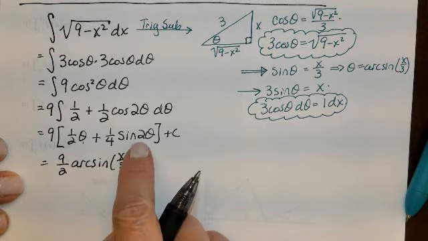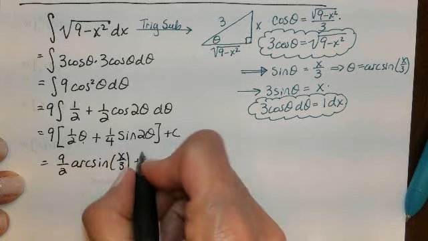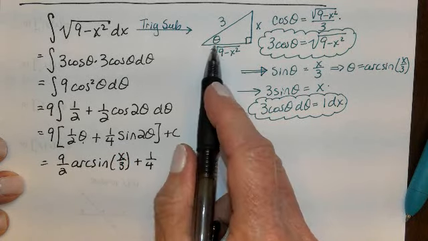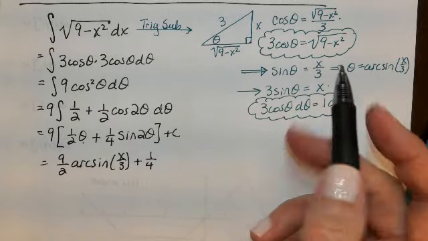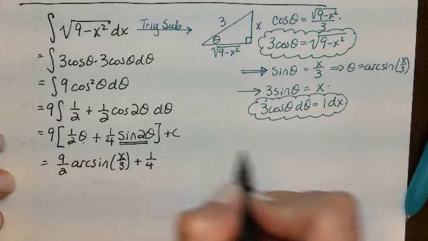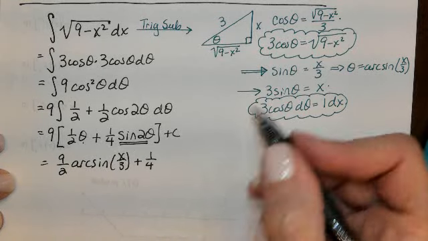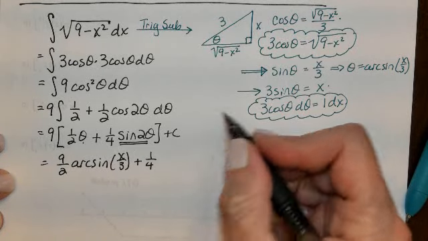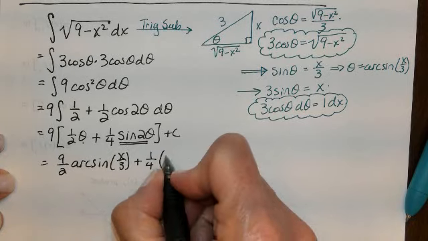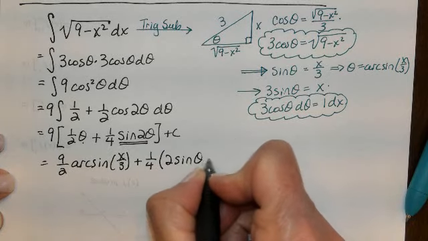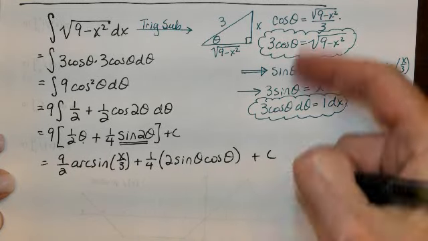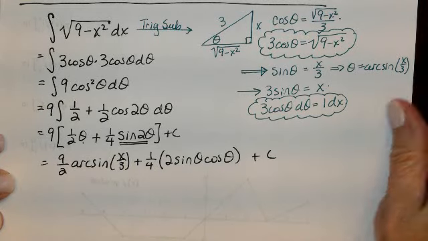Now we have this sine of 2 theta. Well, that's a problem because we don't know much about 2 theta. I need to use my identity for sine of 2 theta to go back to sine theta and cosine theta. So the identity: sine of 2 theta is 2 sine theta cosine theta. And that's something that I can come over here and get, right?